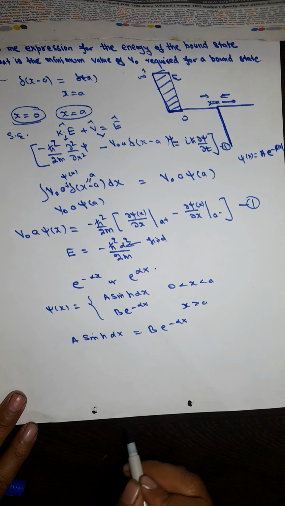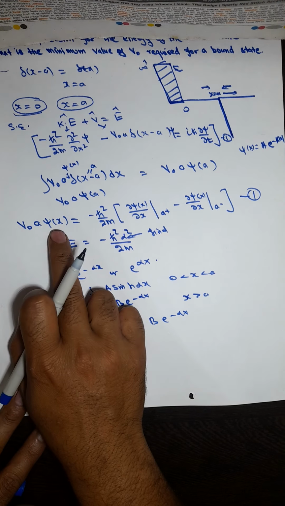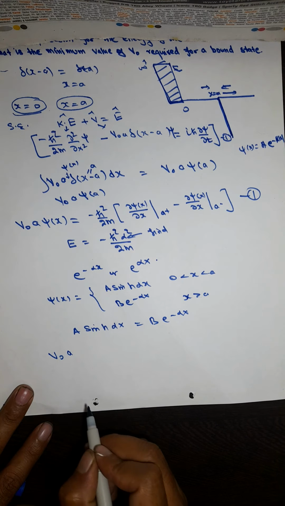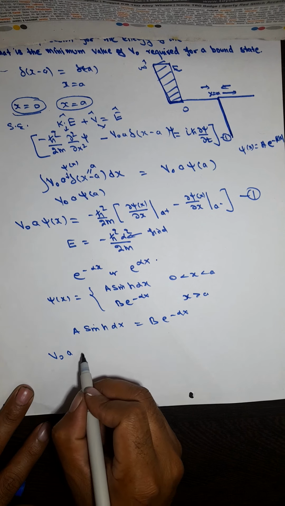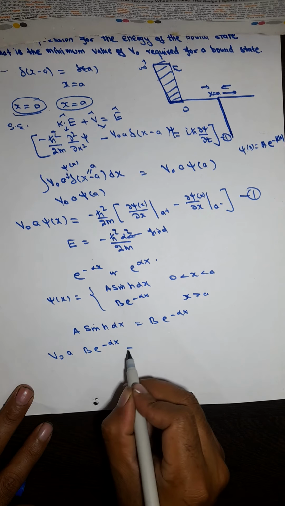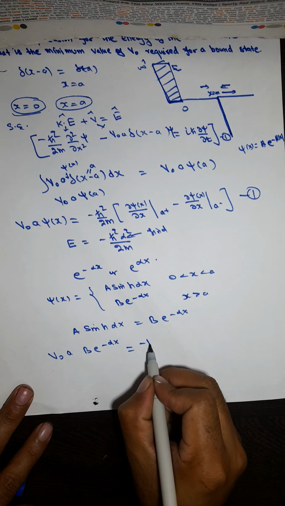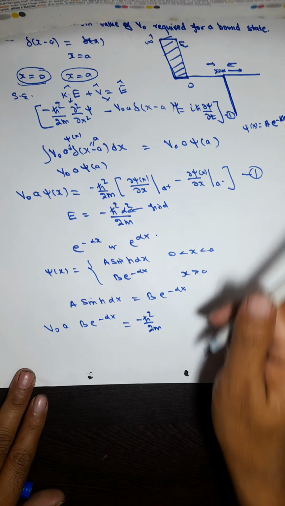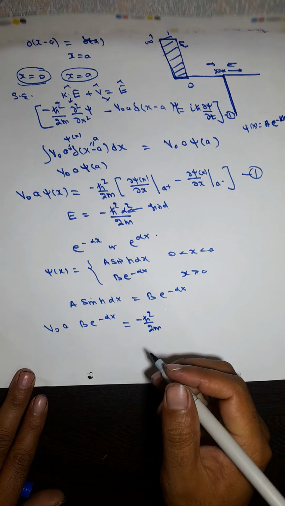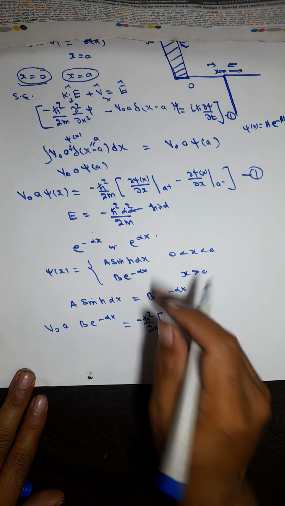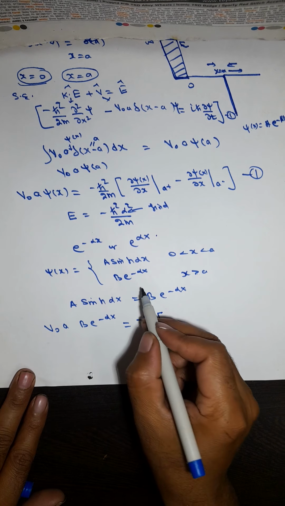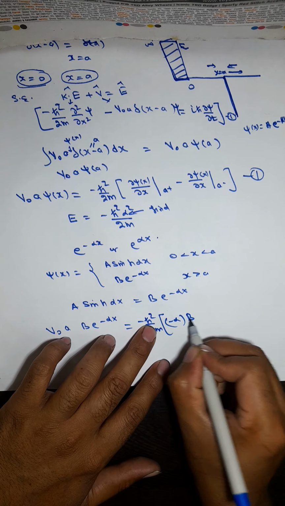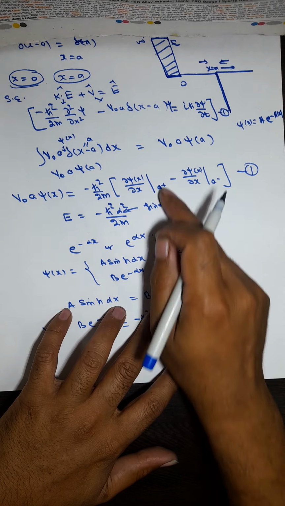So first one, I take a sinh(alpha x) equal to b e raised to the power minus alpha x. Here we put this wave function psi of x for x greater than 0. So b naught times a, and psi of x is equal to b e raised to the power minus alpha x, equal to minus h-bar squared divided by 2m times delta psi by delta x. Alpha comes first, minus alpha times the same thing, b e raised to the power minus alpha a plus alpha a.